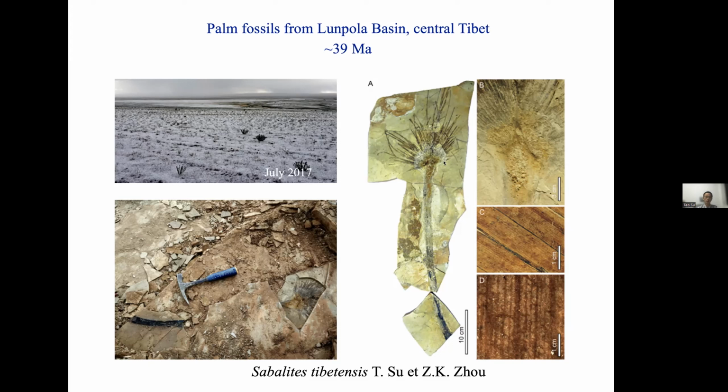Even in summer, there is maybe some snow. So it's very cold. But we found some palm fossils in this high and cold region. So we can have a direct impression that the elevation was not quite high and it should be warm during the Eocene.